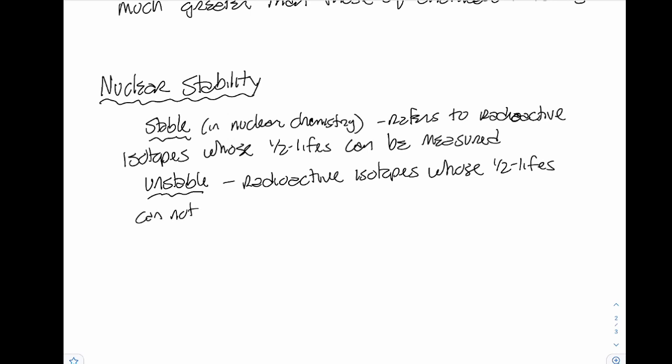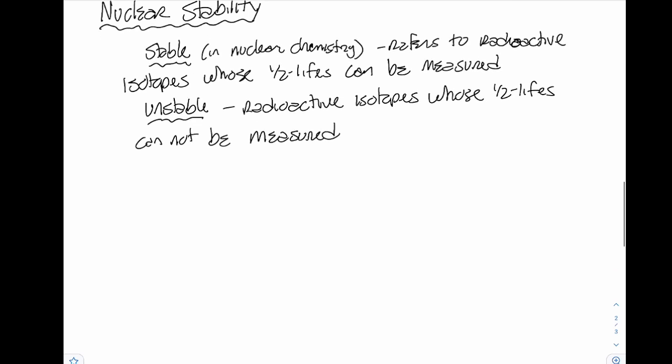Unstable, they're decaying so fast we can't measure their half-lives. So essentially, not all nuclei are equally stable. So not all isotopes are equally stable. Carbon-13 and carbon-12 are stable. Carbon-14 is not.